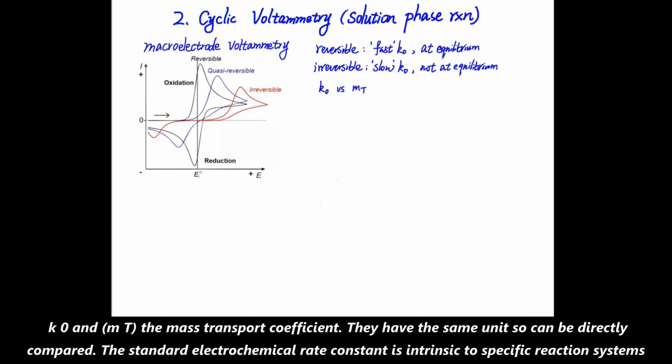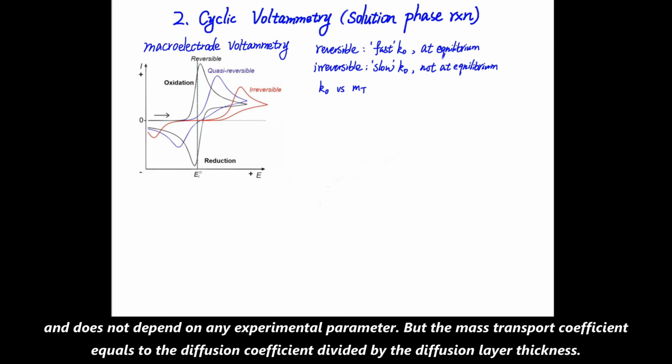The standard electrochemical rate constant is intrinsic to a specific reaction system and does not depend on any experimental parameter, but the mass transport coefficient equals the diffusion coefficient divided by the diffusion layer thickness.